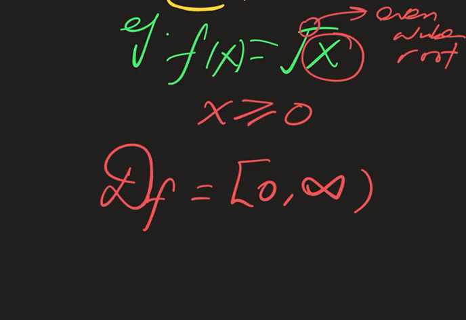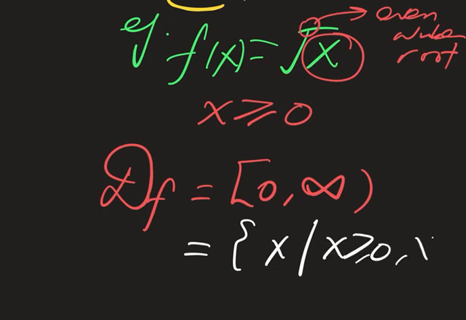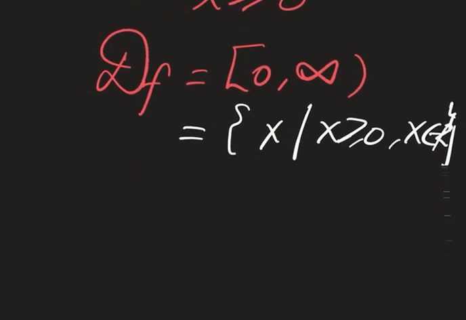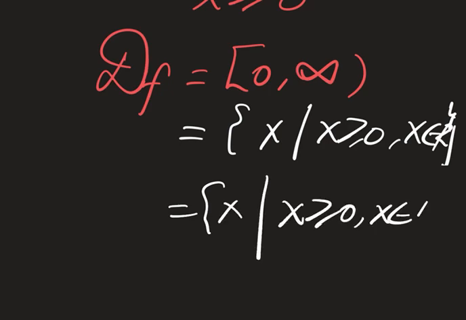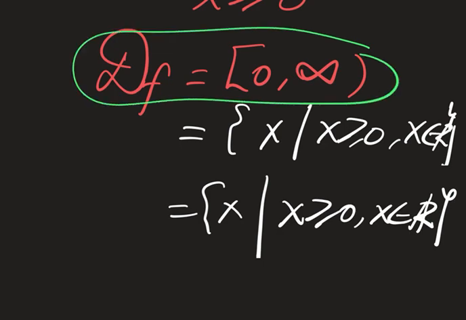You can put it in this manner, or you can write it as x for x bigger than or equal to 0, x is in R. So this is two ways of writing this. Got it? I repeat again, it is x for x bigger than or equal to 0, x belongs to R. This is how we write it in mathematical language, or in simplicity, I prefer that you write in the manner I circled.